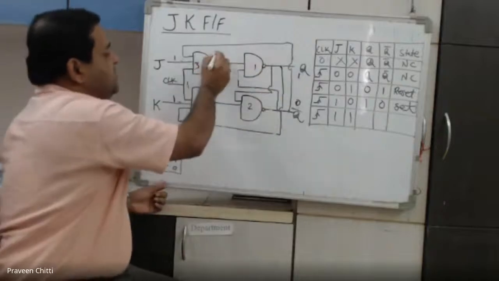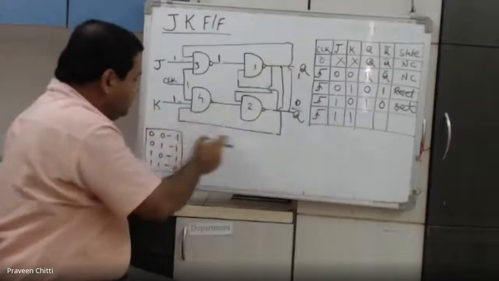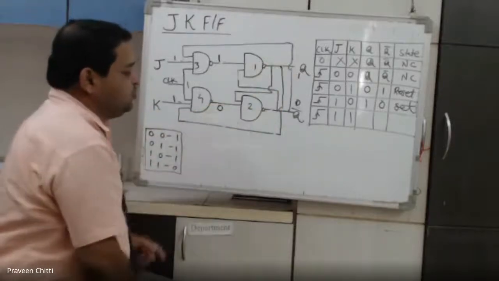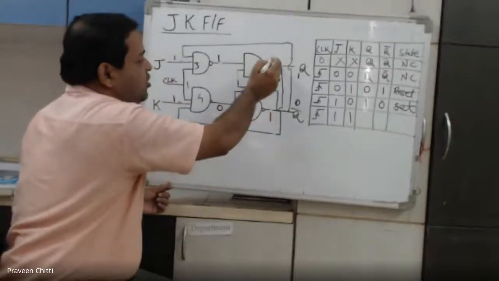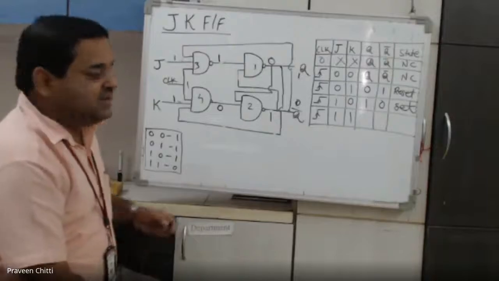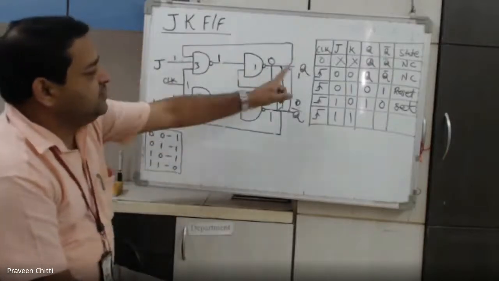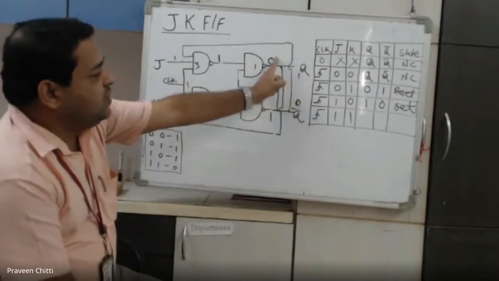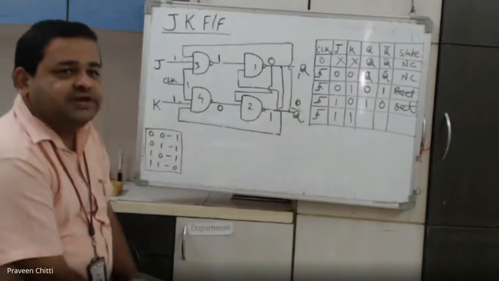This 0 will come here and force the output to 1, and then this 1 will come here and force the output to 0. So when we apply J equal to 1, K equal to 1, if the previous output is 1, we are getting 0, and Q bar, if it is 0, we are getting 1.